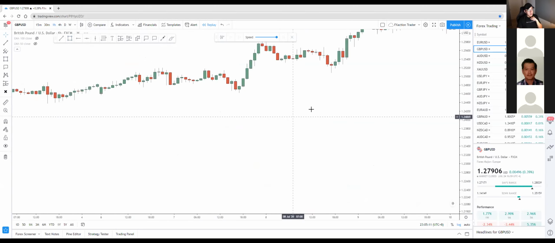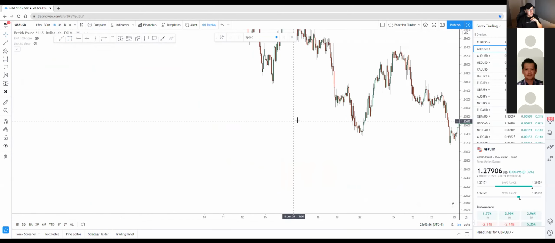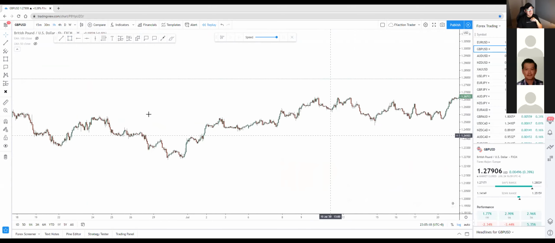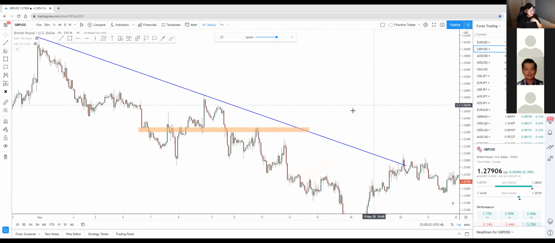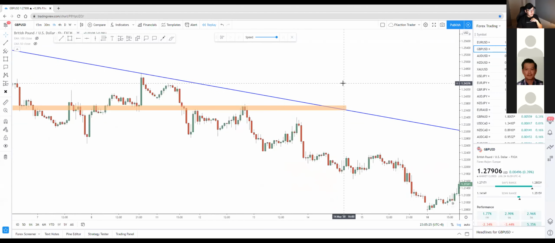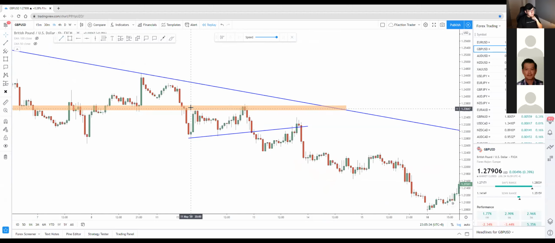And if we go to H1, we can still look for a sell trade here. This can also be considered a double top. We can still look for a sell trade here.